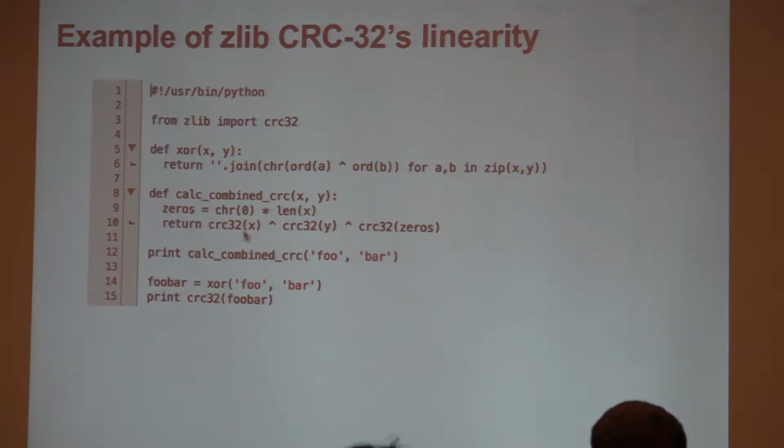Then it computes the CRC of x, XORs it with the CRC of y, and XORs that with the CRC of the string of zeros, and returns it. Then it prints the result. Right below that, we create this combined string by XORing foo and bar together, and then we print the CRC of that.